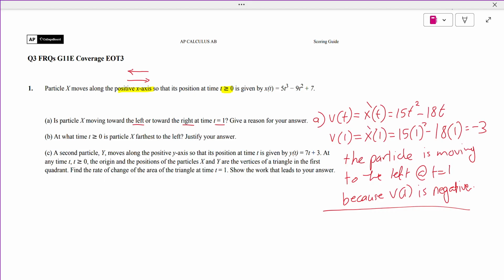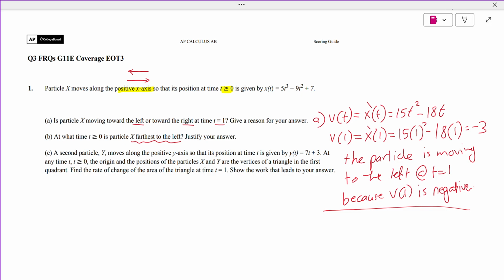This is part A. Part B says at what time t bigger than or equal to 0 is particle x farthest to the left. So we need to find the derivative of x of t, and then we'll find the critical points, and then we're going to check when the particle is farthest to the left.